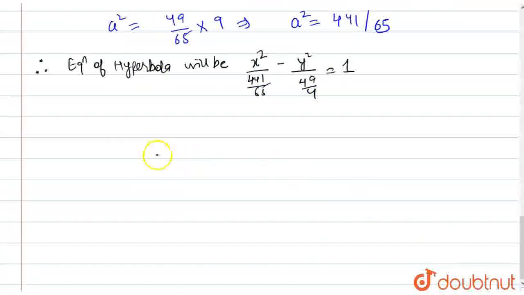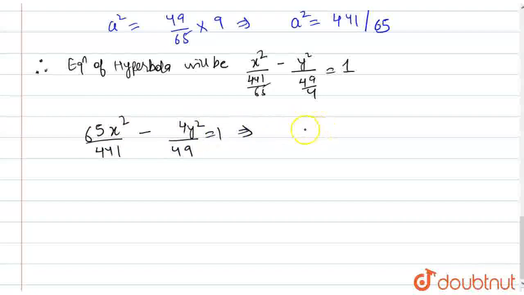By further solving this, we will get 65x square divided by 441 minus 4y square divided by 49 will be equal to 1.